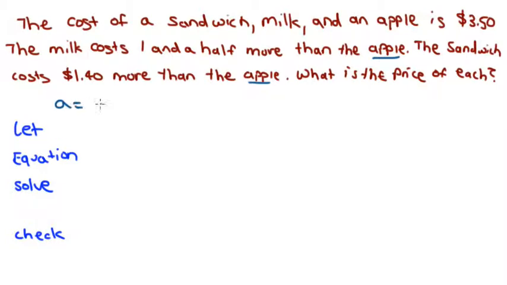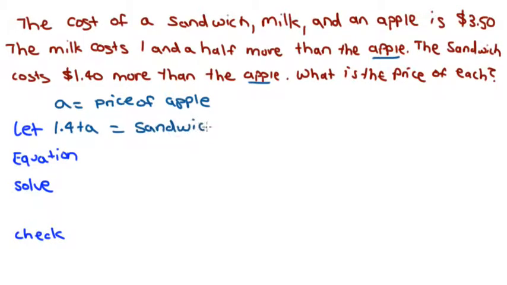So we'll keep the apple as the variable. So A equals price of apple. So the sandwich costs $1.40 more than the apple. So 1.4 plus A equals sandwich. And then we have 1.5 times the apple is the milk, right?